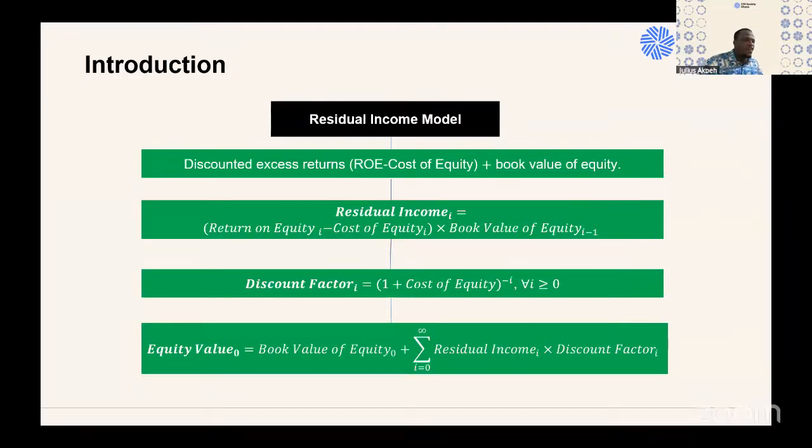So the book value of equity is taken, then we ask ourselves, is the company expected to create value in the future? If yes, then the company's value will be higher than the book value, meaning we take the book value of equity today, then add the potential value that will be created.